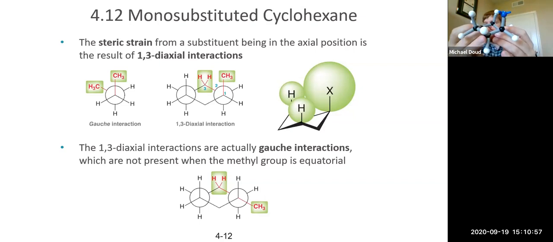We have our front carbon down here, the closest carbon to us, but that's not what we're looking at. We're looking at the two side carbons here, a Newman projection here and a Newman projection here. We can do that because, remember, in a Newman projection you're looking down a bond axis. Well, these axes are parallel, so you can look down both of them at the same time. And sure enough, that's what we're going to do.